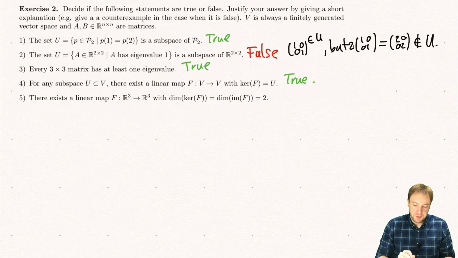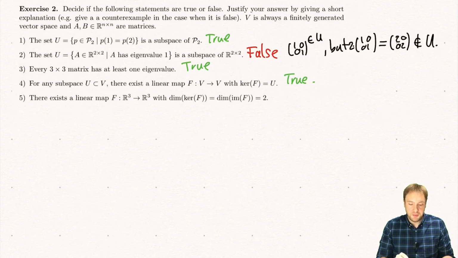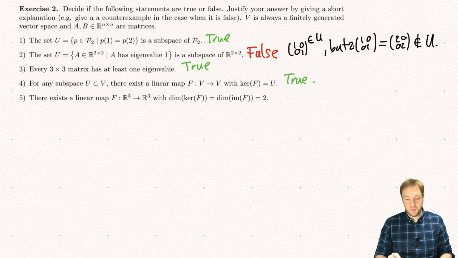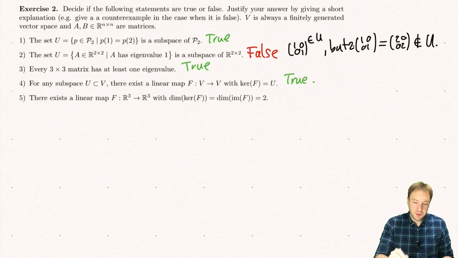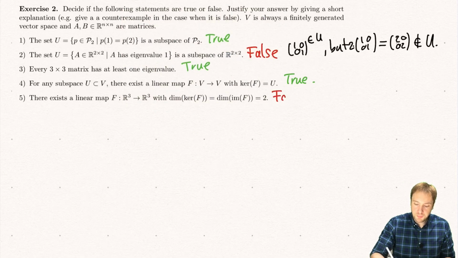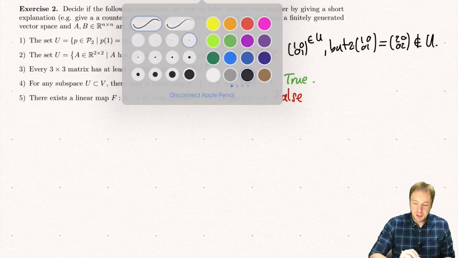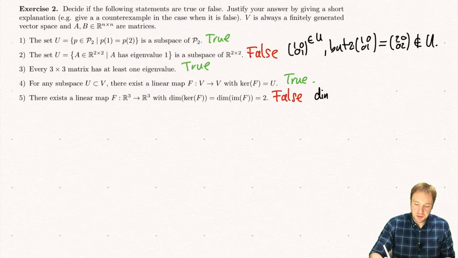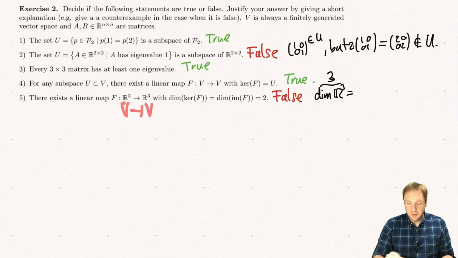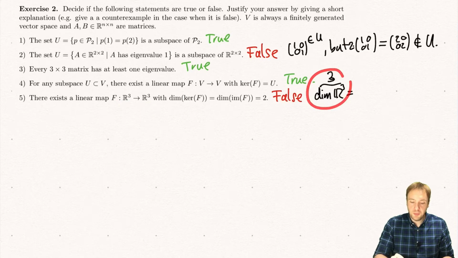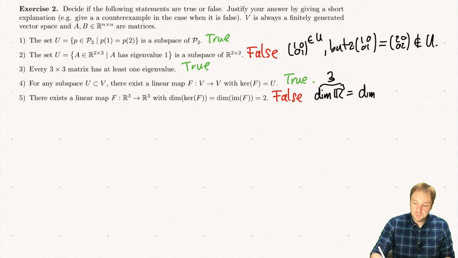Number 5. There exists a linear map F from R3 to R3 such that the dimension of the kernel of F equals the dimension of the image of F equals 2. And this is false, because we learned that the dimension of the whole space R3, which is 3, equals, if I have a linear map from one vector space to another, the dimension of the kernel plus the dimension of the image.